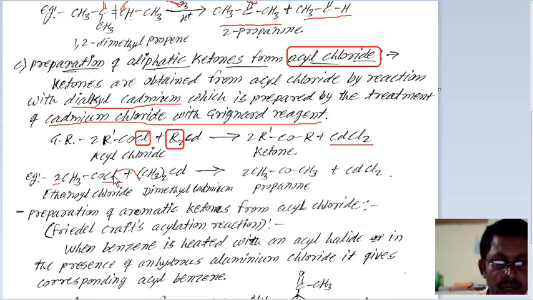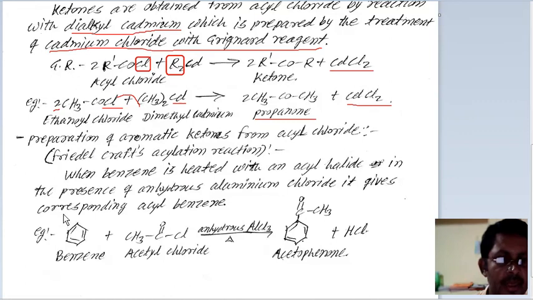The removed chlorine atoms combine with cadmium, giving CdCl2, and we get a ketone, 2CH3COCH3. The name of that ketone is propanone. It is aliphatic; there is no aromatic ring.